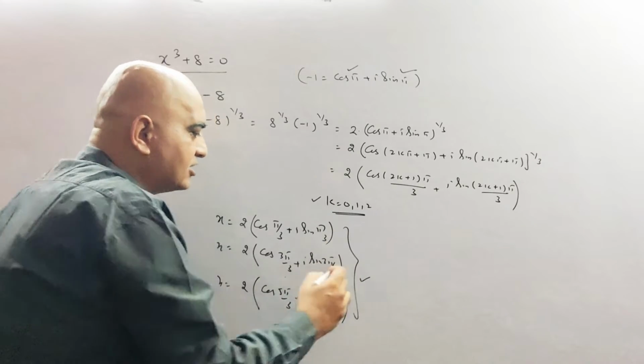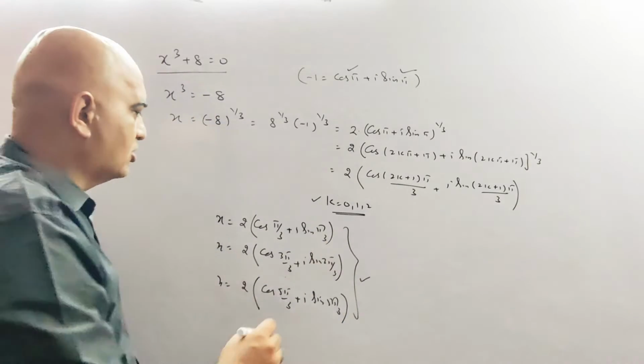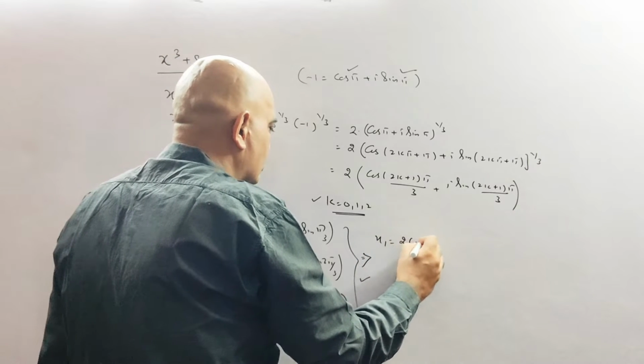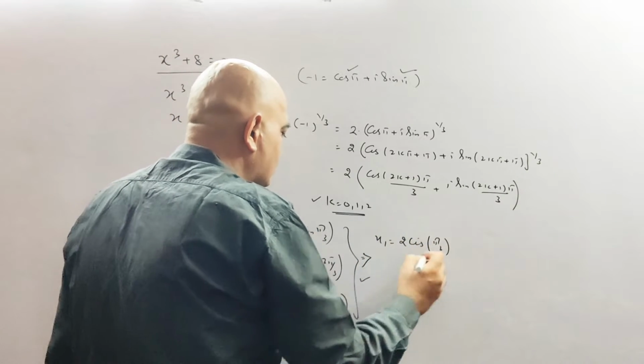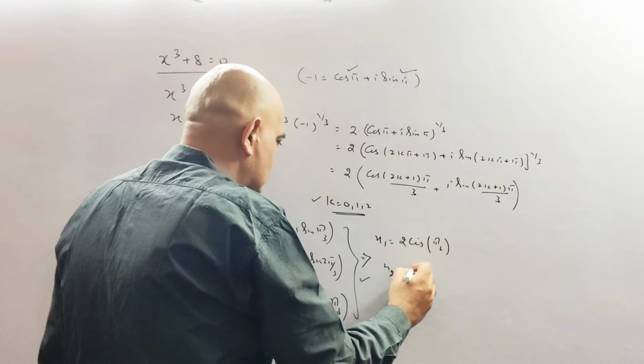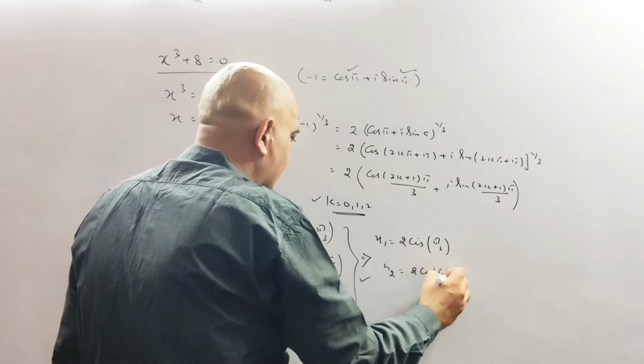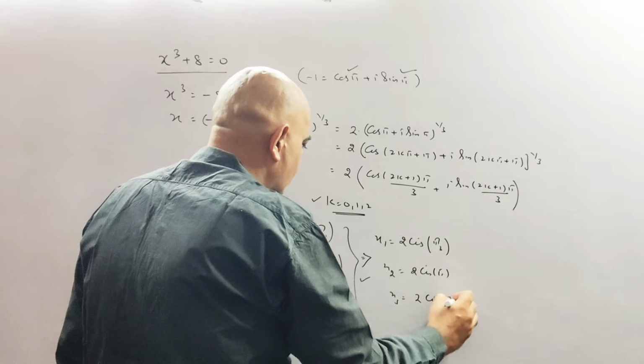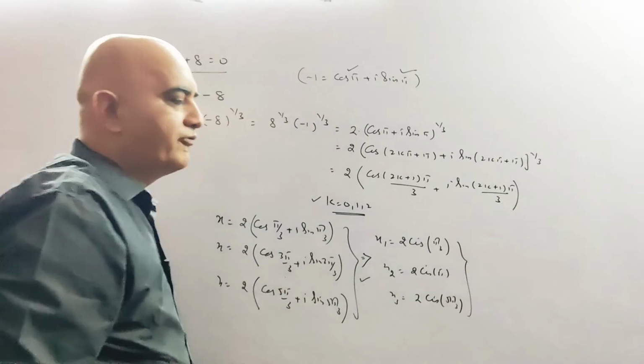Now these are the three roots of the given equation, or in short, we can write these roots as x1 is 2 cis of pi upon 3, x2 is 2 cis of pi, and x3 is 2 cis of 5 pi by 3 in polar format, right?